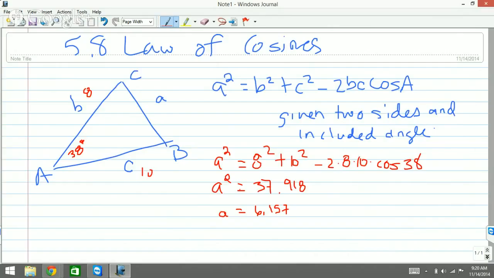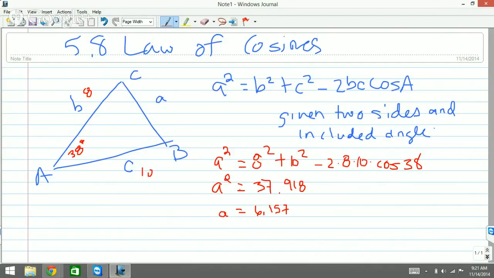It would be B squared equals A squared plus C squared minus 2AC cosine B. The A and angle A match, and these are the other sides.